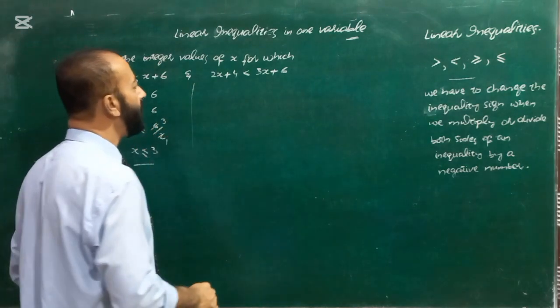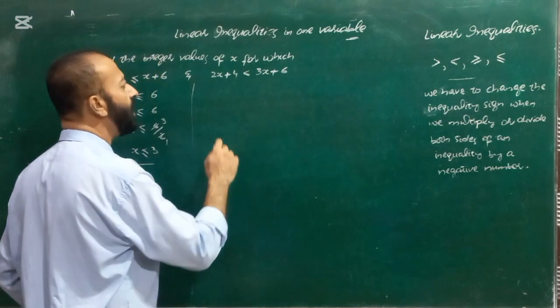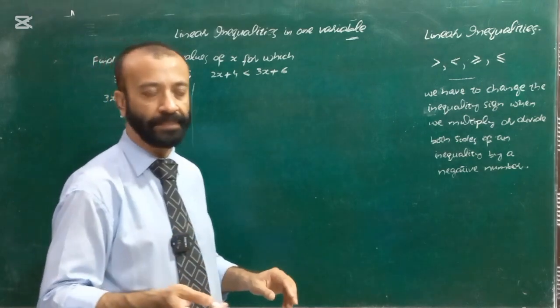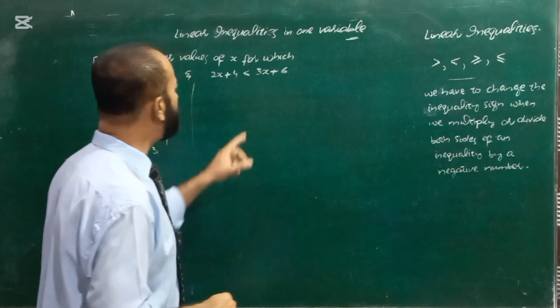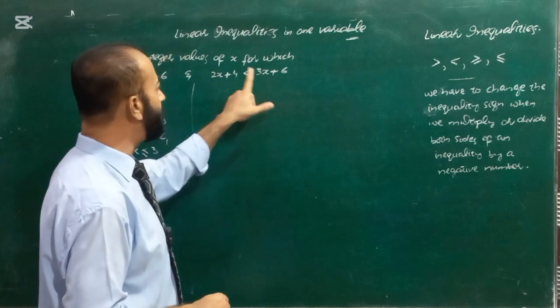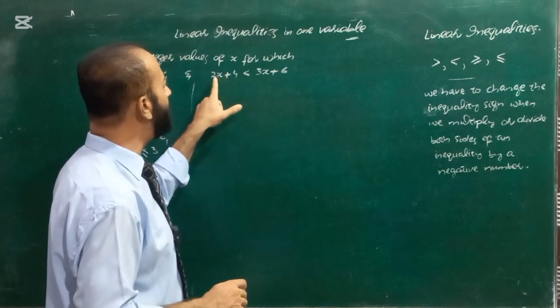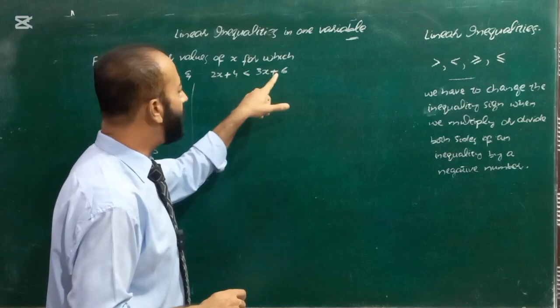Now we are going to the right hand side inequality. Actually, our effort should be to make the value of x positive. So that's why we will not bring 3x to the left hand side. Actually, we will send 2x to the right hand side.